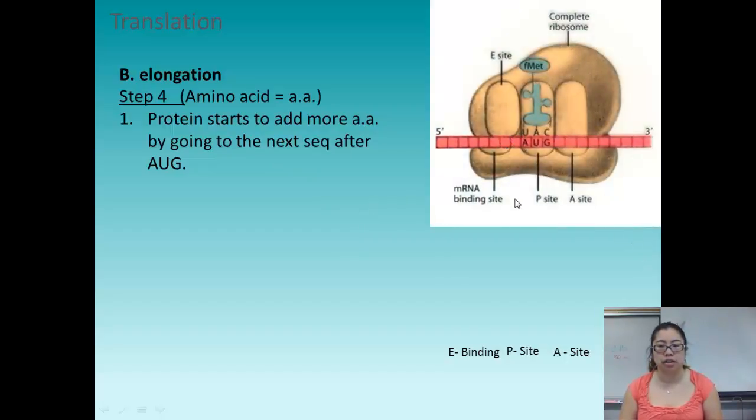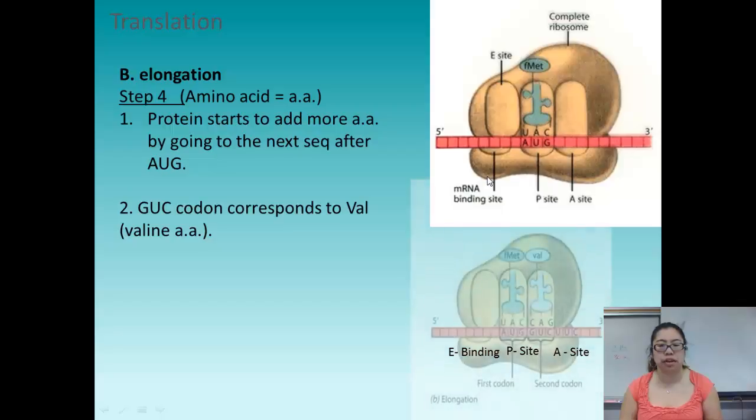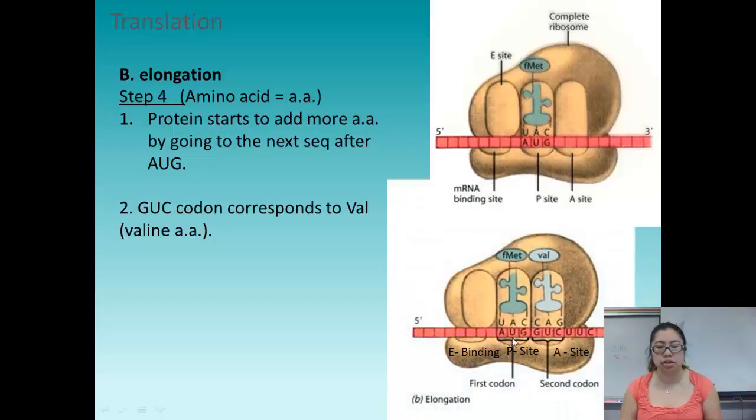The GUC codon, which corresponds to valine. So in this picture, after AUG you have GUC, and that codes for valine. A tRNA of valine will come and land right next to the P site, in the A site.